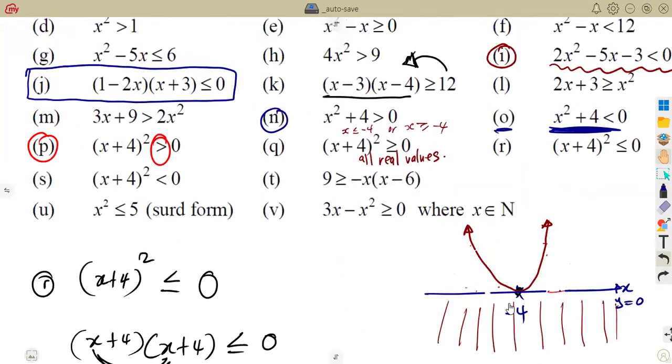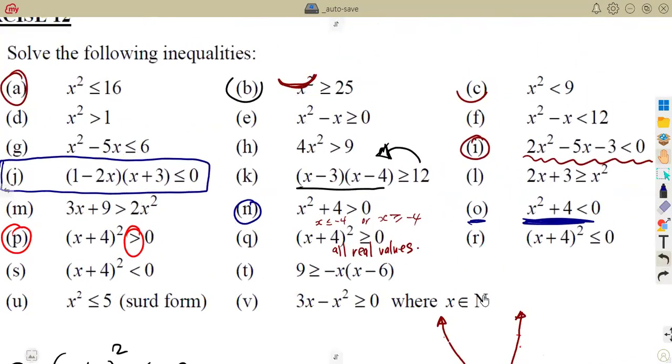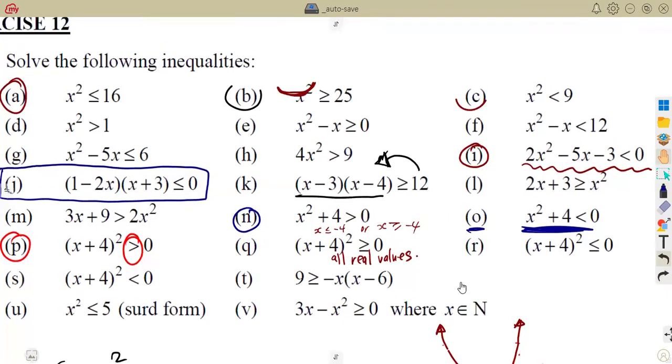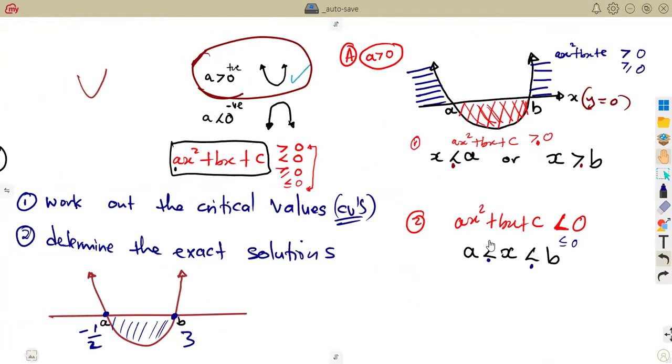So I want you to try as many questions from this exercise as you can. There are so many questions, and let's talk about those questions in the comment section. We start with the basics to obtain the critical values. Then from there, we talk about the solution of the inequality, which is compared with a zero.